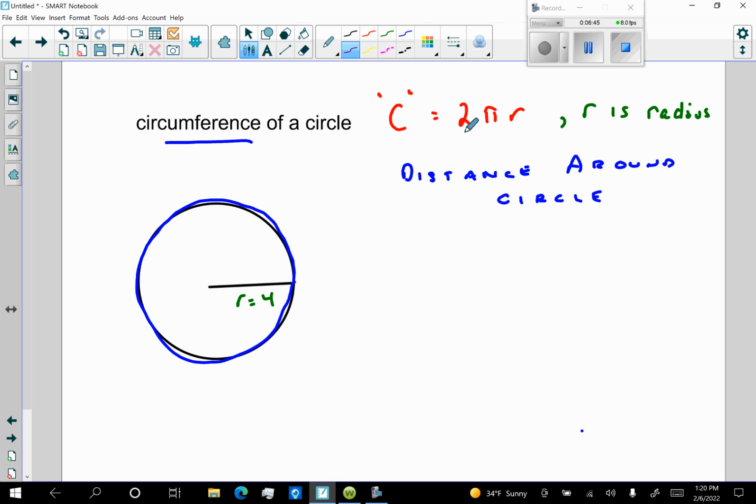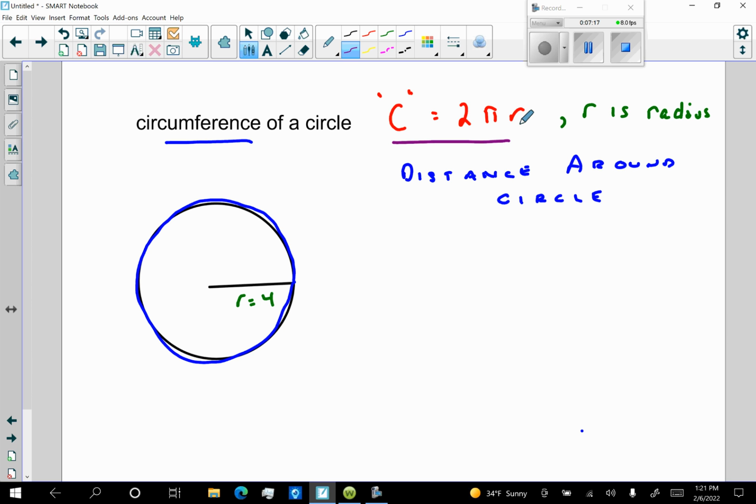And maybe in some of your geometry classes you develop this formula, but that's for a geometry class. Today we're just going to use that formula. So the formula to find the circumference of a circle is 2 pi r, where r is the length of the radius.